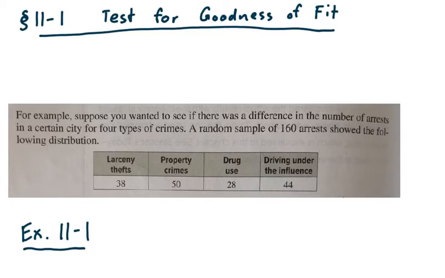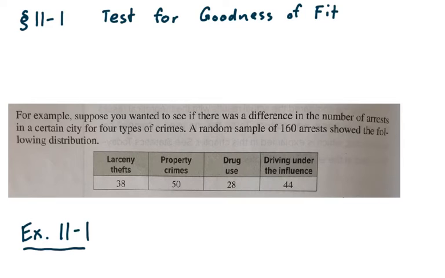So we have 38 arrests for larceny, we have 50 arrests for property crimes, 28 arrests for drug use, and 44 arrests for driving under the influence.